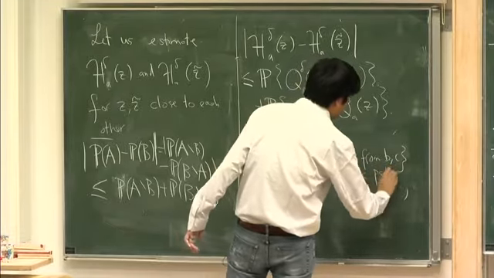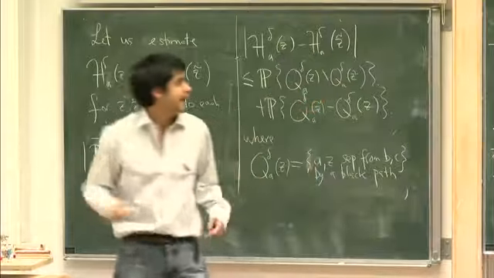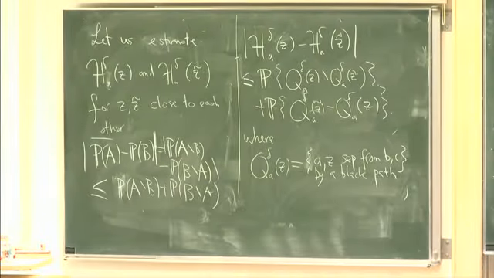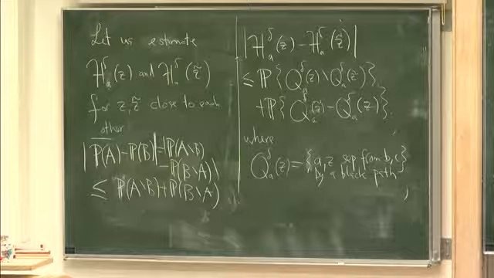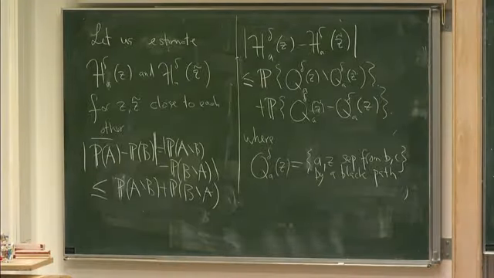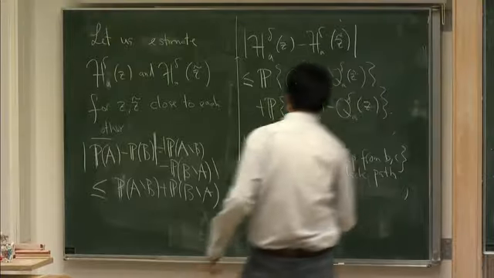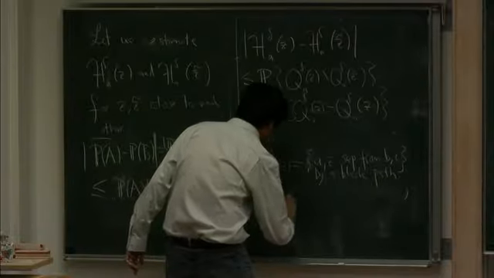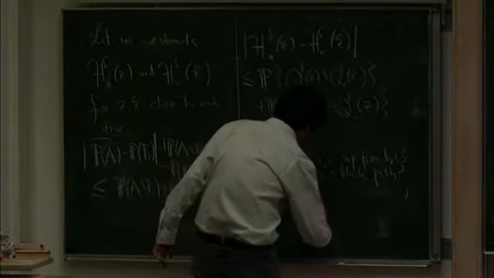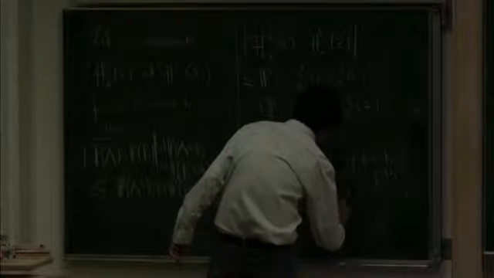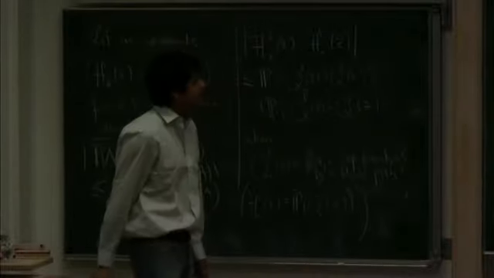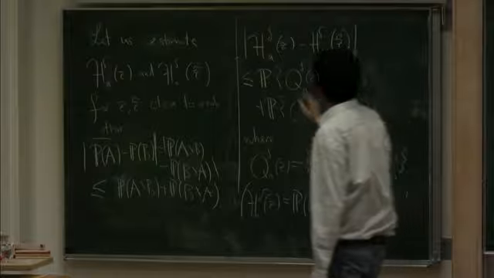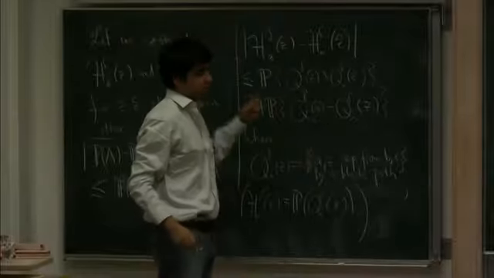Let's make a small picture. It should be obvious that H A delta z is the probability of Q A delta z. Now we want to estimate this difference by estimating this sum.